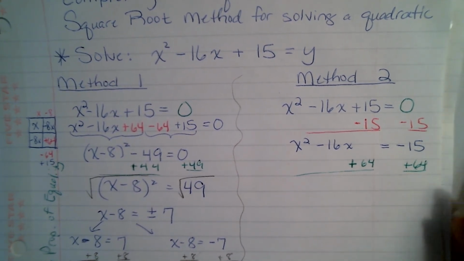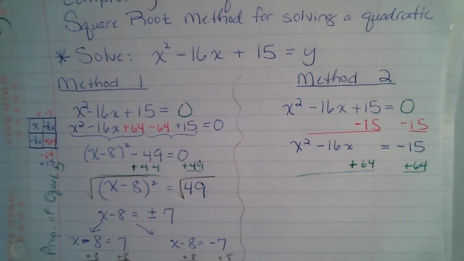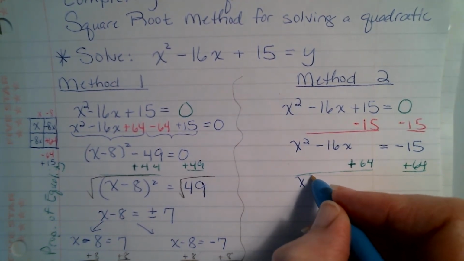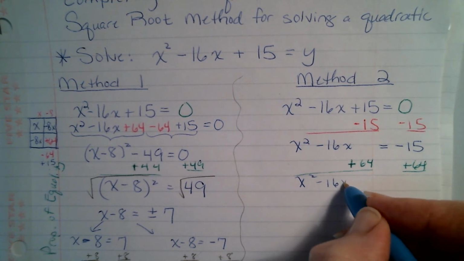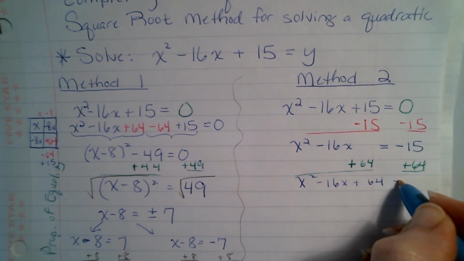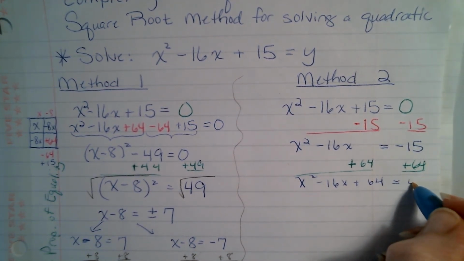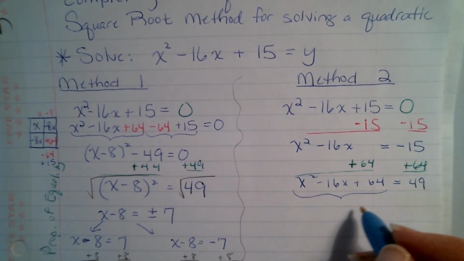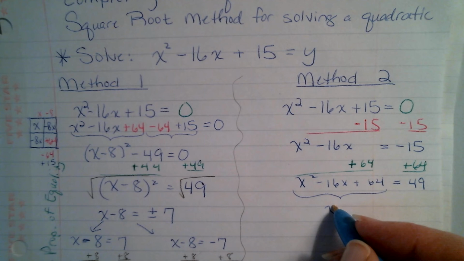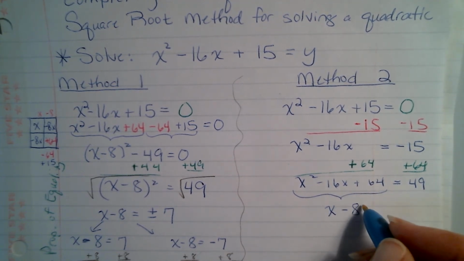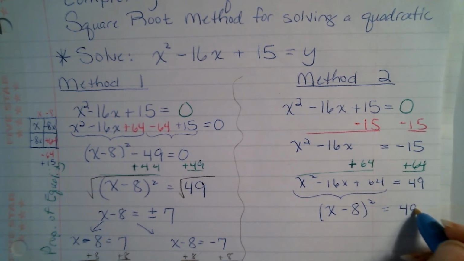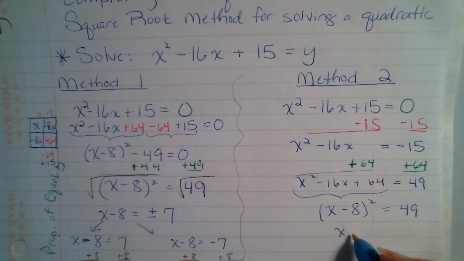I don't think I left myself enough room to write that over here. So what do we have? x squared minus 16x plus 64 equals 49. Express this as a perfect square trinomial. And now you can see we're on the same path, right?